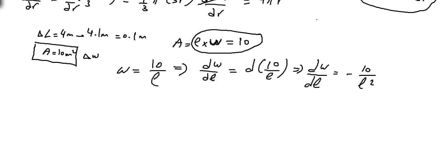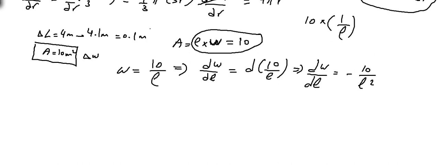You know, the derivative of 10 over L is 10 times the derivative of 1 over L. What is the derivative of 1 over L? We can find it as u over v, or we can take the reciprocal and write 1 over L as L to the power minus 1. It will be minus L to the power minus 2, or minus 1 over L squared, right?